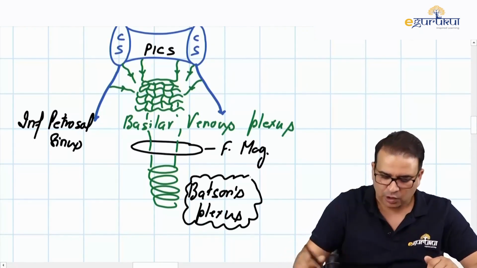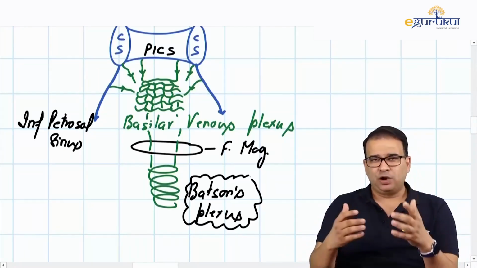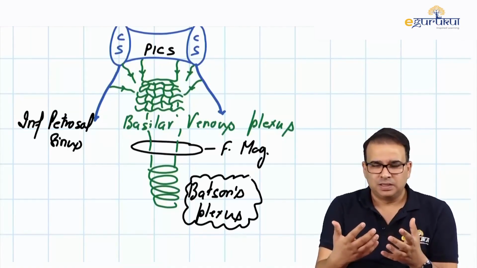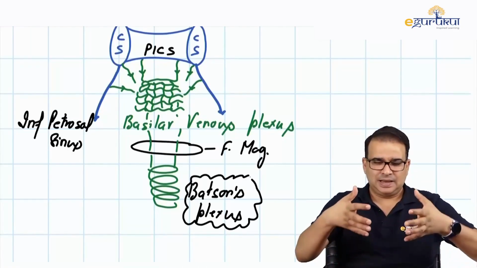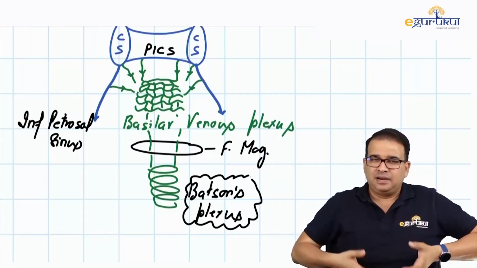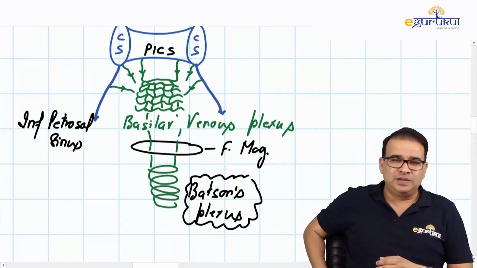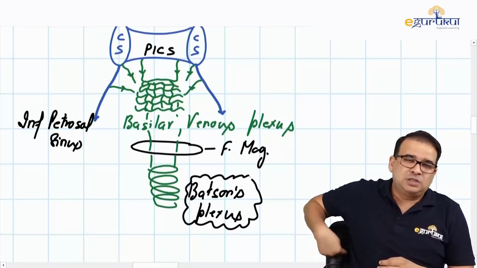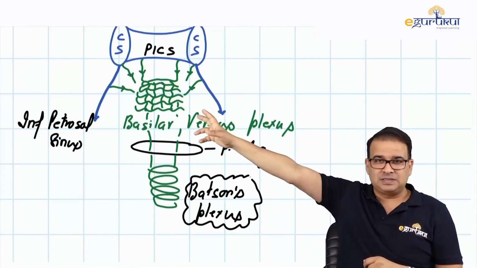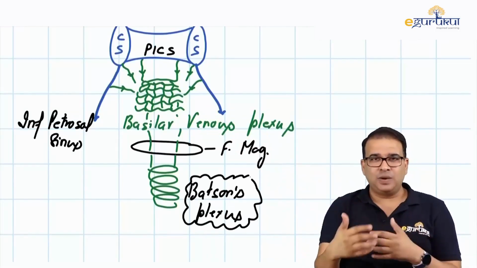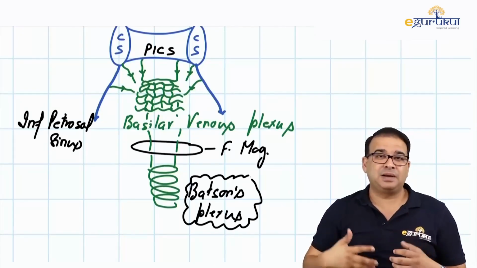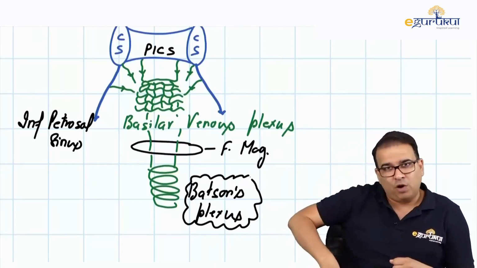We need to know about all these connections because I hope you all know that in case of prostatic carcinoma, those cells can migrate from the vesicular venous plexus around the prostate gland, go back into the vertebral venous plexus or Batson's plexus, and through this Batson's plexus they can even reach the cranial cavity into the basilar venous plexus, which tells me how exactly the carcinoma of the prostate gland can get metastasized into the cranial cavity, because we have all connected there.